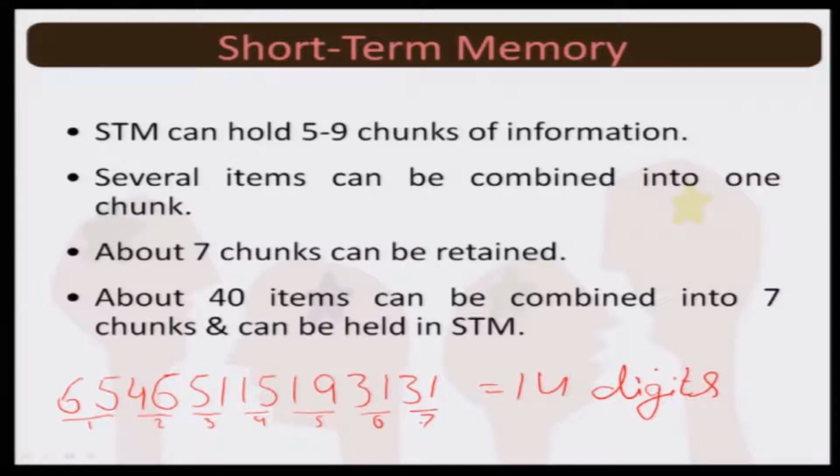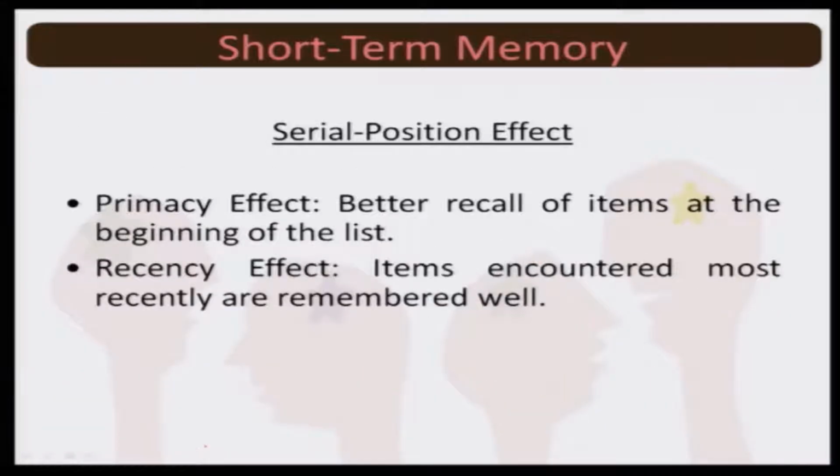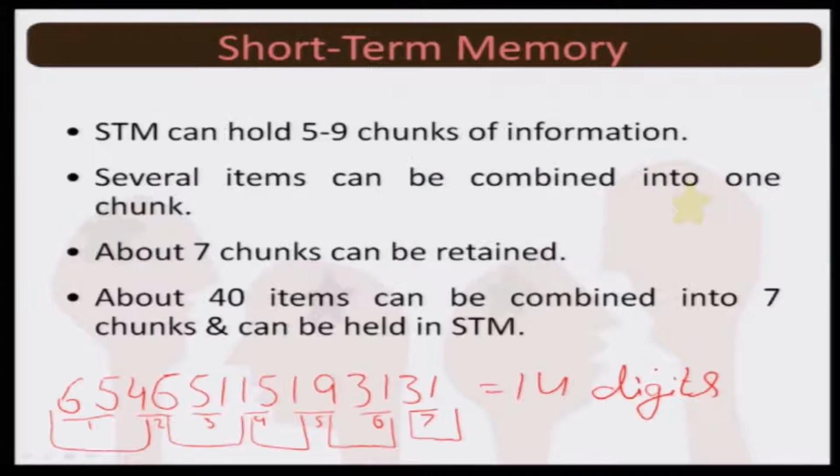You would realize that there are people who form chunks of 3. So, they would do something like this. So, now you have 1, 2, 3, 4 and just 5 chunks.